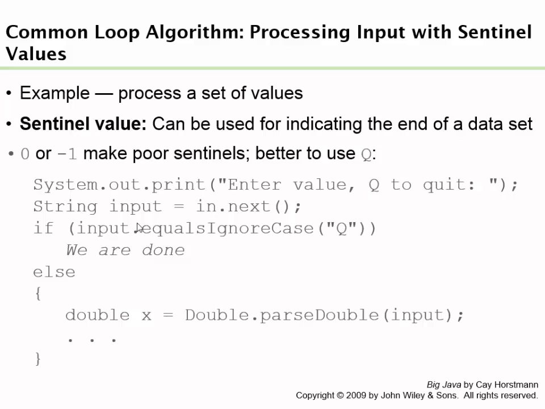So we get that next thing. If it's a Q, then we're done and we exit the program. Otherwise, we take that input we read in, parse it into a double, and store that next. So here, we're limiting access into our loop based upon a Sentinel value.